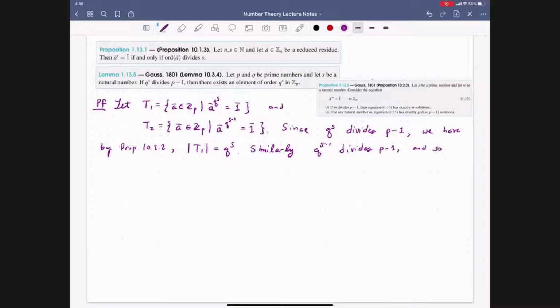And so the cardinality of T2 is q to the s minus 1. And so this cardinality is strictly smaller than that of T1. But what we want to show is that T1 properly contains T2.